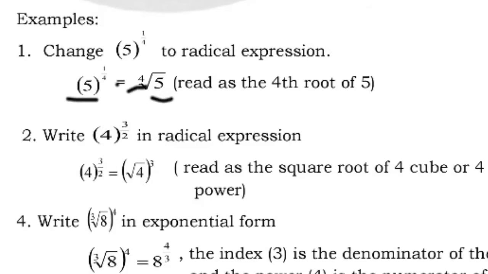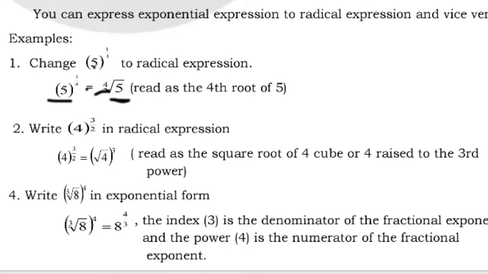And the numerator here, 1, is the exponent of the radicand. Now since the numerator is 1, you can just have it as 5. 5 to the power of 1 is just the same as 5. So expressing 5 to the power of 1/4 to radical expression is 4th root of 5.